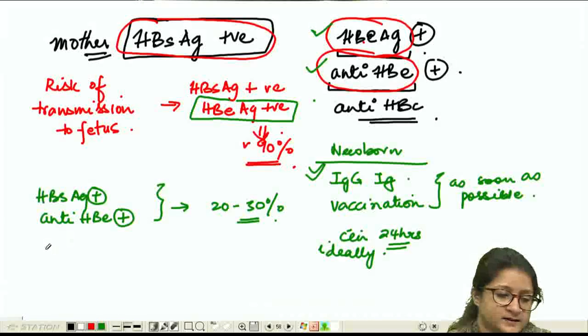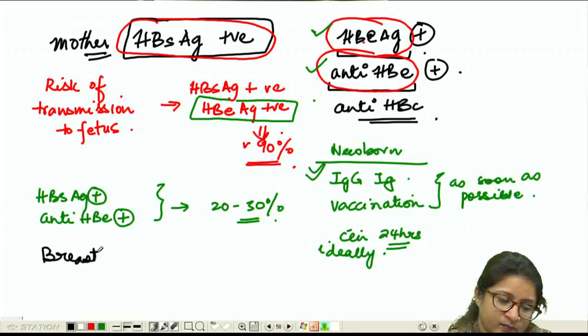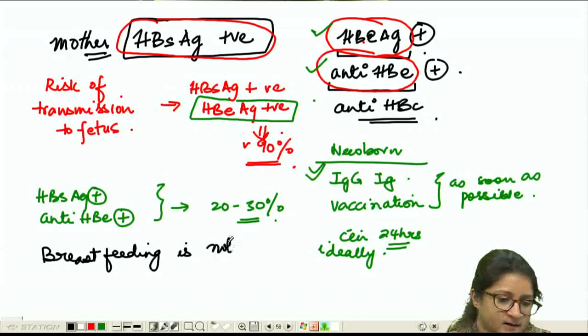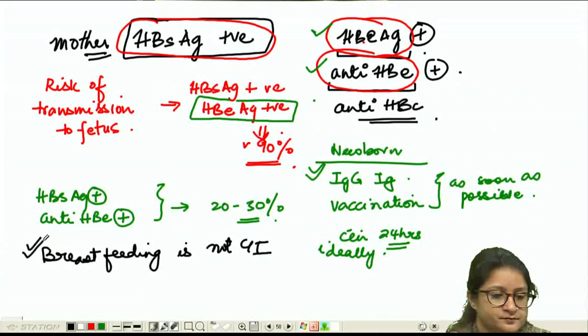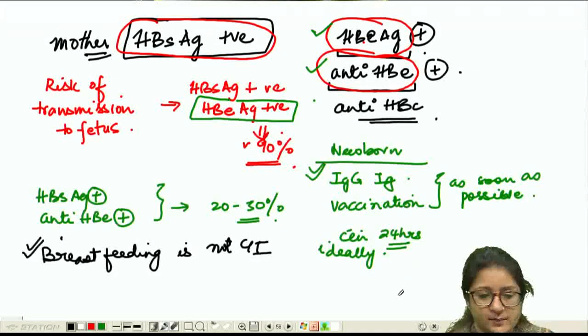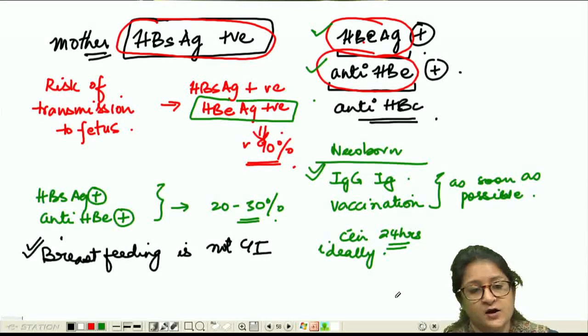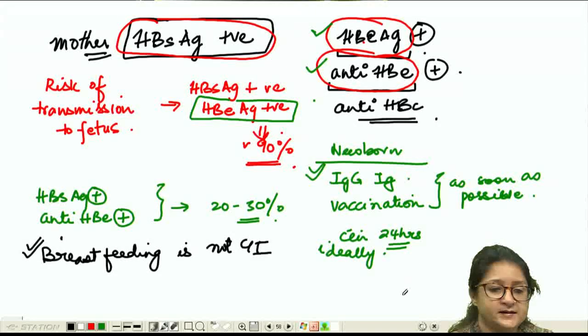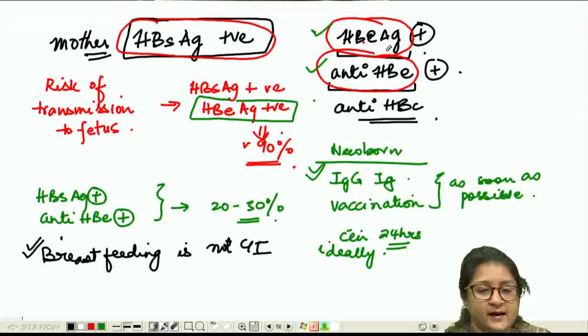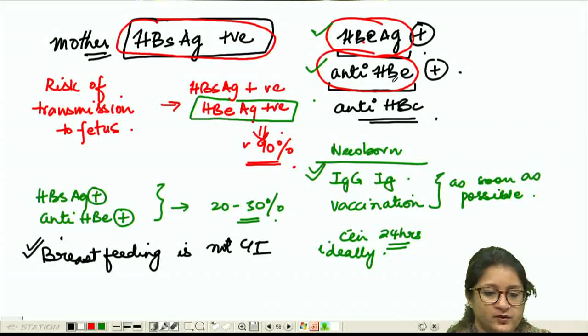Another important thing is breastfeeding. Very, very important: remember, breastfeeding is not contraindicated. Breastfeeding is allowed. So these are the three-four important points about hepatitis infection in pregnancy. Whenever we see hepatitis infection in pregnancy, we check whether HBe antigen or anti-HBe are positive, which helps determine the risk.